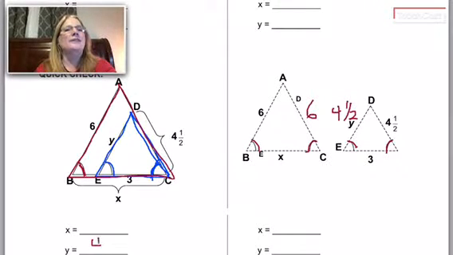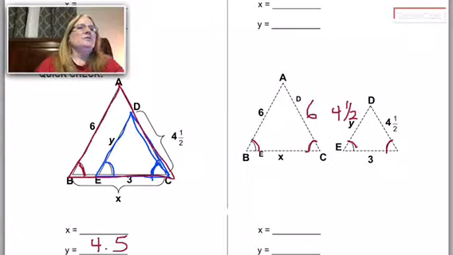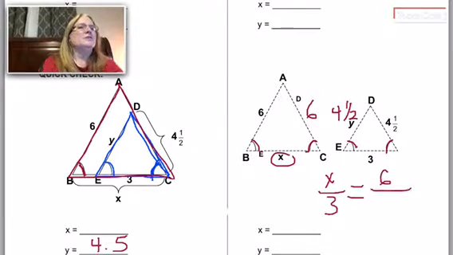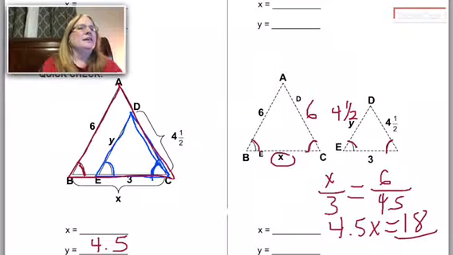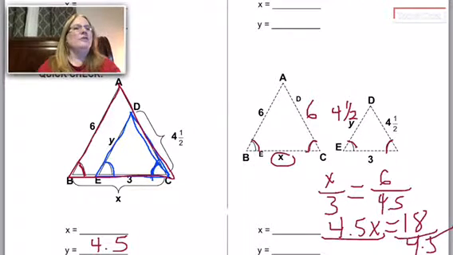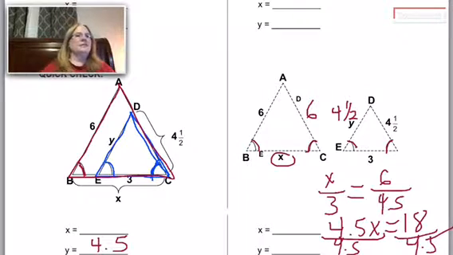So I already know y, so we just need to find x. Probably the best here would be a proportion. I can just put x over 3 is equal to 6 over 4.5, and I get 4.5x is equal to 18, and then I just divide by 4.5, and let's see, 18 divided by 4.5 is 4.